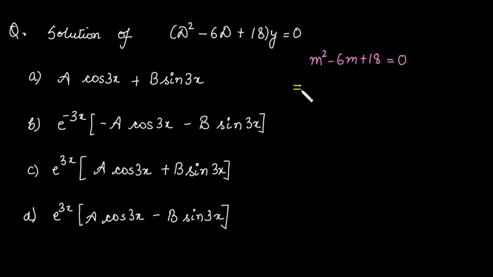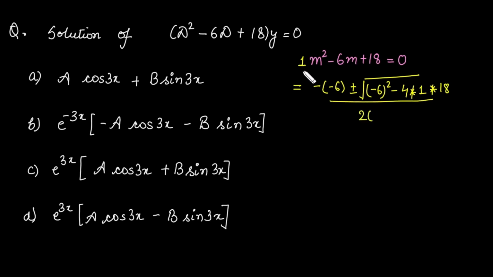So we can write this as m is equal to minus b, the value of b is minus 6, plus minus under root b square, that is minus 6 whole square, minus 4 into a. What is a? That is the coefficient of m square, 1, into c, that is 18, divided by 2 into a, that is 1.